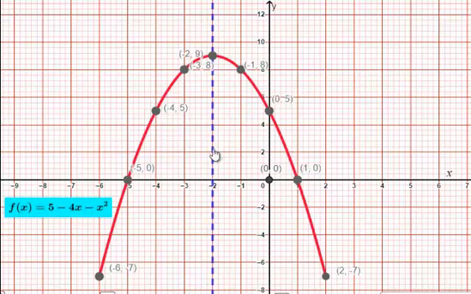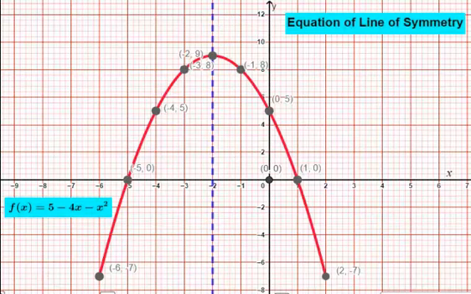If you are able to draw the line of symmetry, then it is easy to write the equation of the line of symmetry. The equation of the line of symmetry for this diagram you see on the screen is x equals negative 2. Someone would ask, where from the negative 2? The negative 2 is the x coordinate of the turning point.